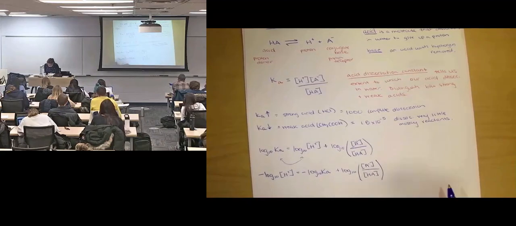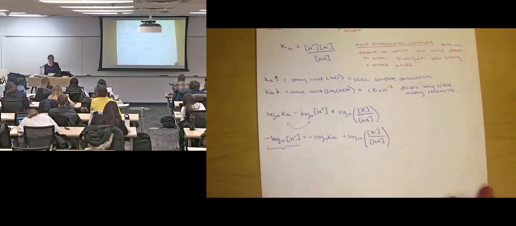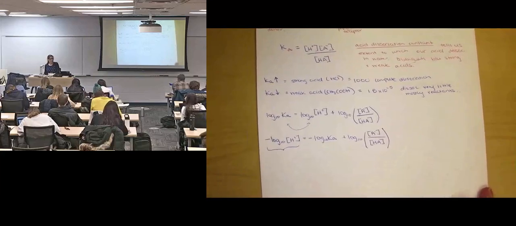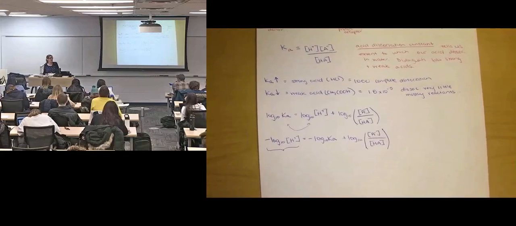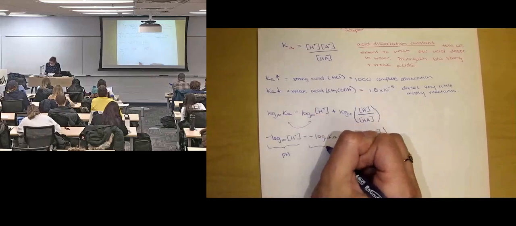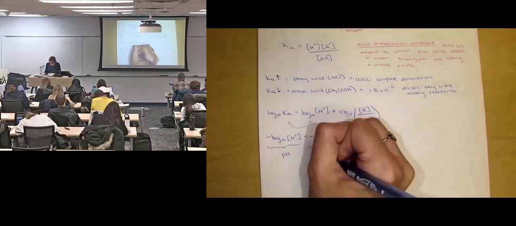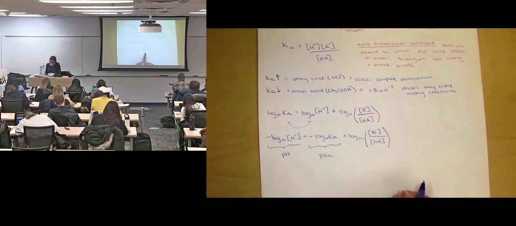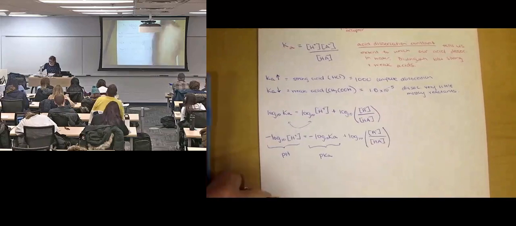Okay. What is this piece here called? What is the negative log base 10 of the proton concentration? This is pH. What's this called? pKa. There's no special name for this part.